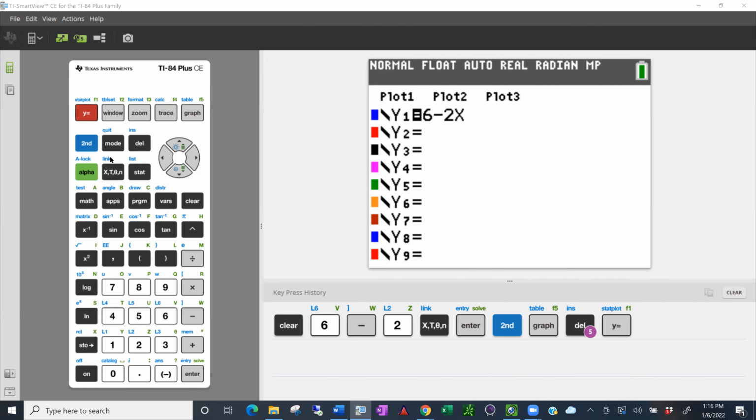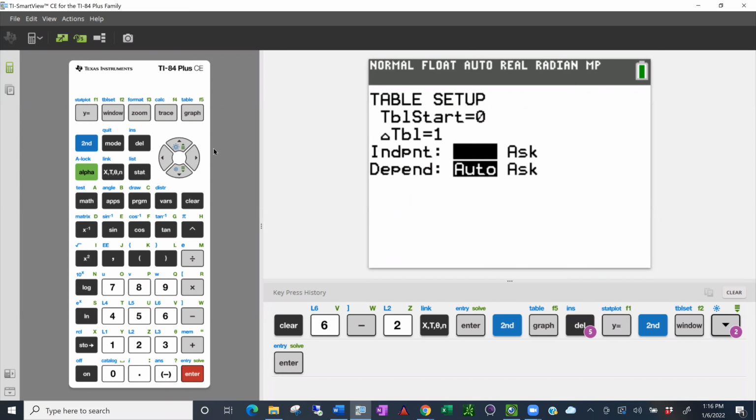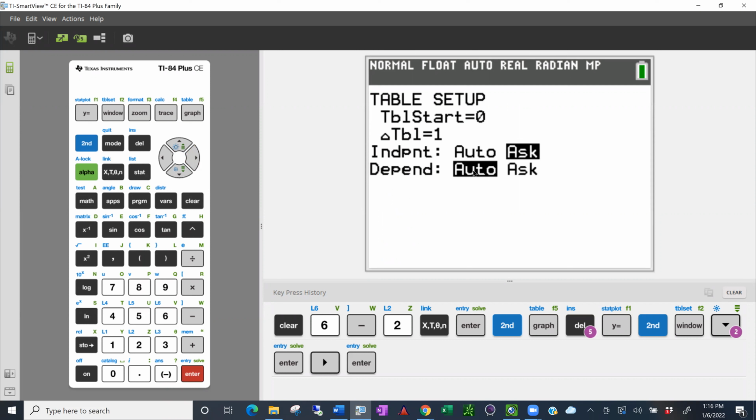Before we ask our graphing calculator to do a table, I want to check that our table settings are correct. If you hit the second key, then the window key, make sure that your independent is set to ask. If it's flashing auto, then move over to the right and press enter. Dependent, make sure that's set at auto.